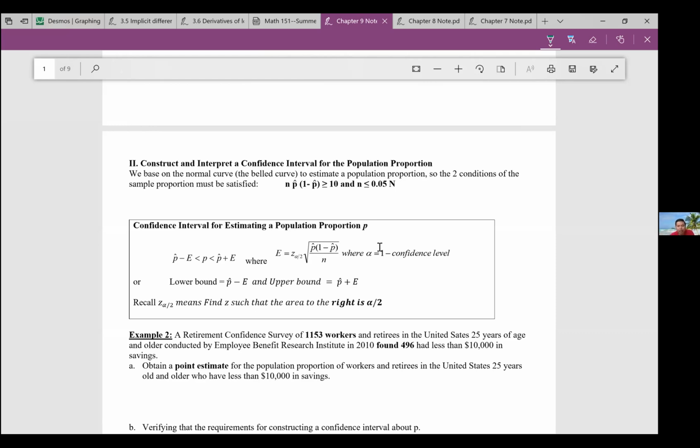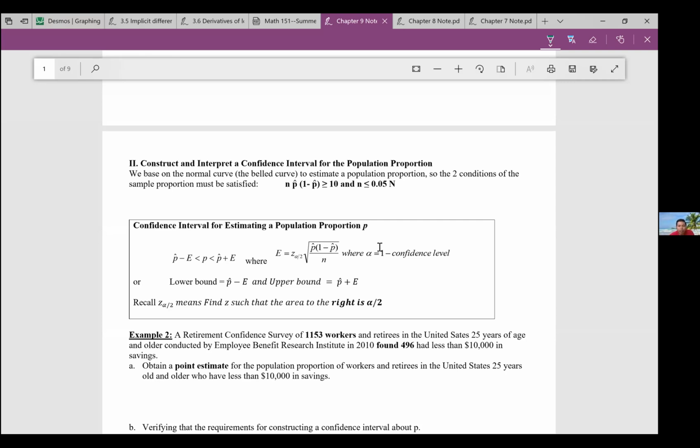The second condition will almost always be fulfilled, so the only thing we need to check is the first condition, n p hat (1 minus p hat) greater than or equal to 10, right?